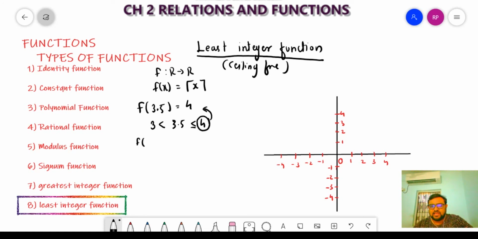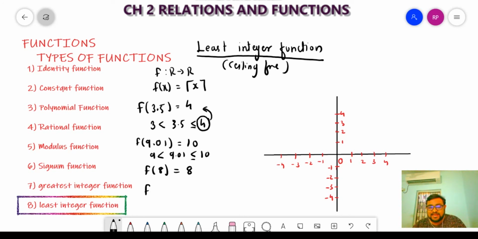Similarly, if I take f of 9.01, then 9 less than 9.01 less than equal to 10. So here we will take the value of the right side, 10. F of 8 I will take, it will be 8. So in both the functions, greatest integer function or least integer function, if the value of x is an integer, then that will be the same answer.